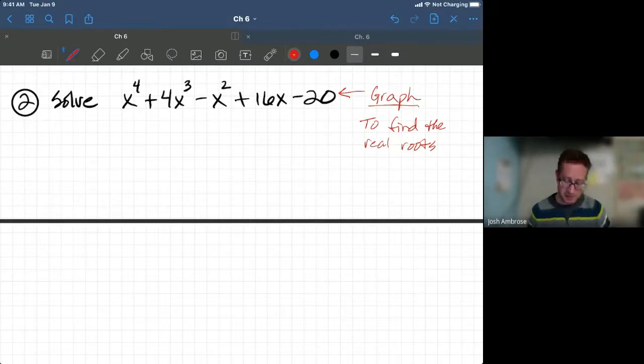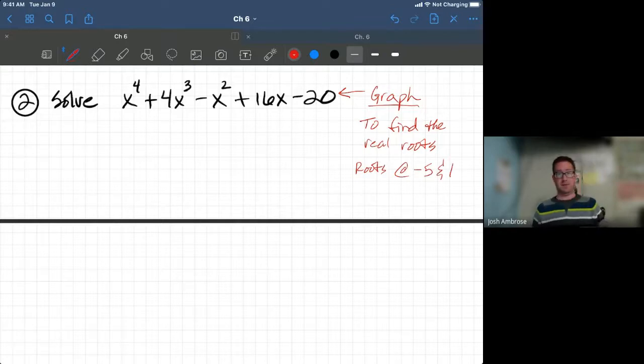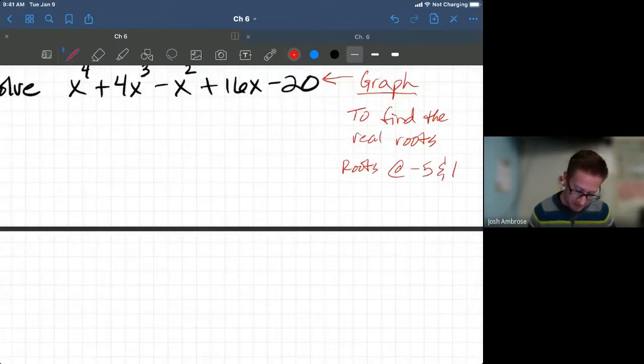I'm going to save you the time. I graphed it, and you're going to have roots at -5 and +1. These are the two real roots that you're going to see from the graph when you use your graphing calculator. Now we've got to use these values.